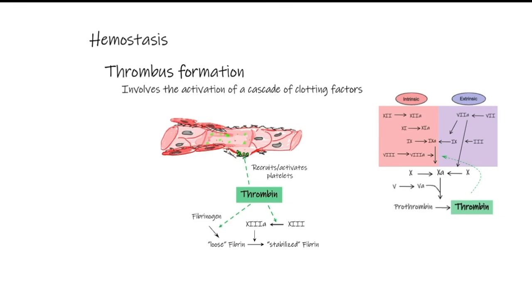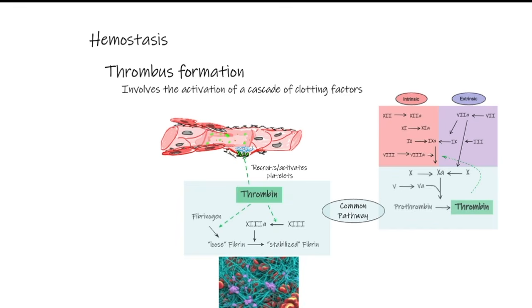So that's the final step that locks the platelet plug in place, and that's our final thrombus formation. So this is all occurring at the site of injury. This inset picture demonstrates fibrin, platelets, and red blood cells as a demonstration of the final thrombus formation.